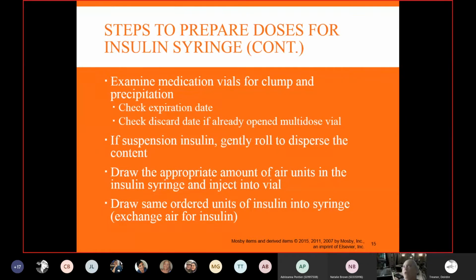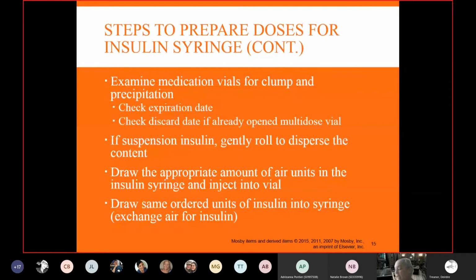When you're drawing up, you're going to draw back the amount of air units to create a vacuum. So you're going to exchange the air. If it says 2 units, I'm going to draw back 2 units on the syringe, inject that air into the vial, and it'll pull out with just a vacuum.